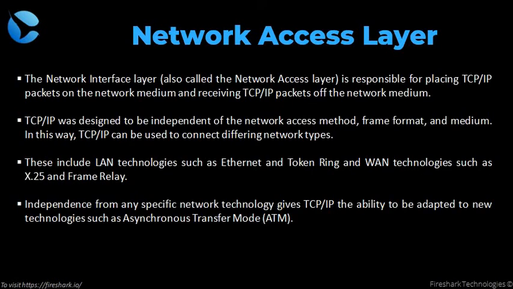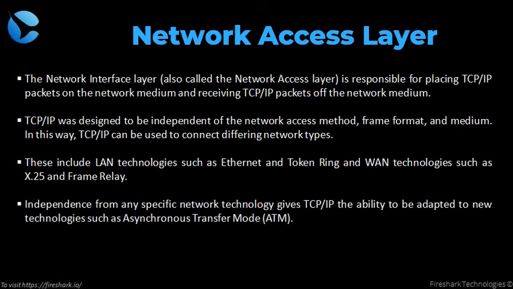The network interface layer, also known as the network access layer, is responsible for placing TCP/IP packets on the network medium and receiving TCP/IP packets off the network medium. TCP/IP was designed to be independent of network access method, frame format, and medium. In this way, TCP/IP can be used to connect differing network types.